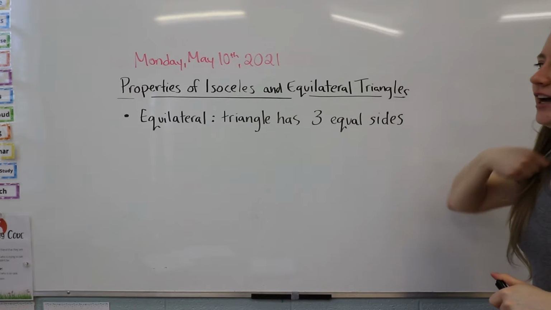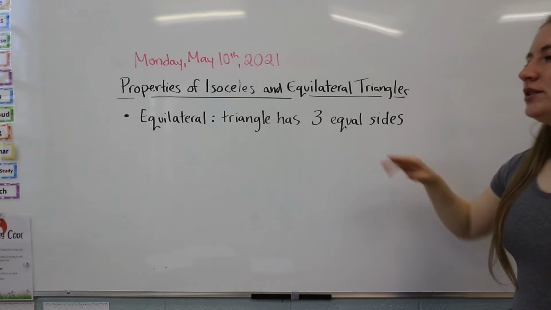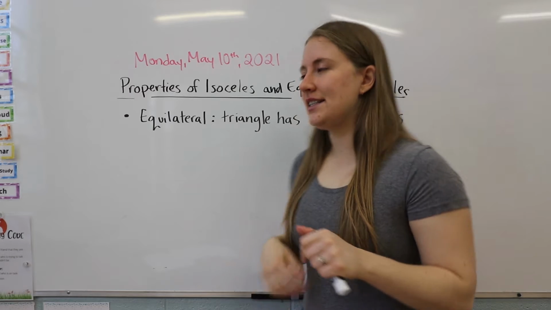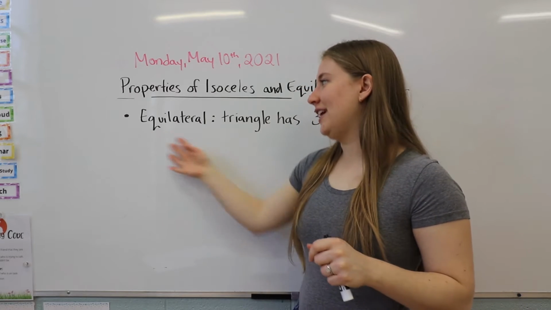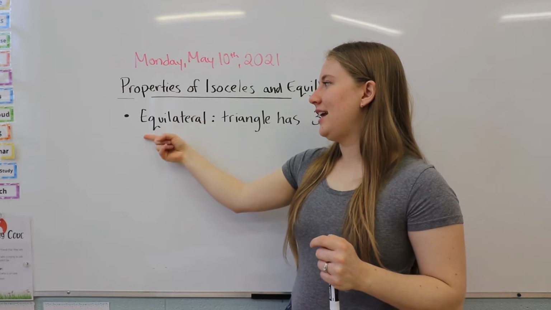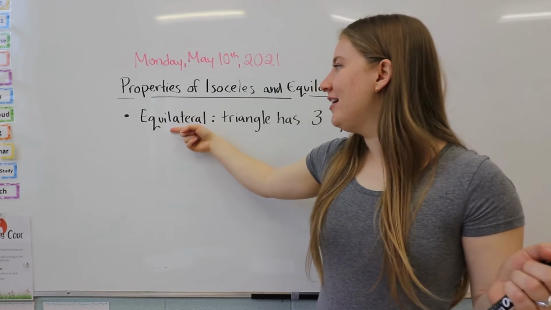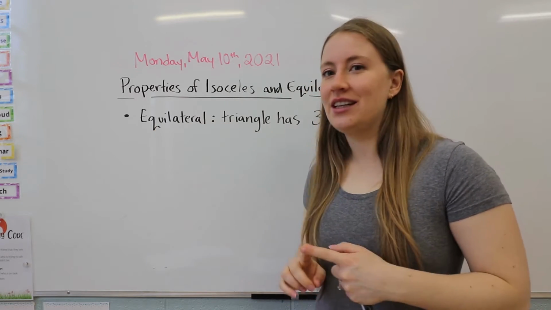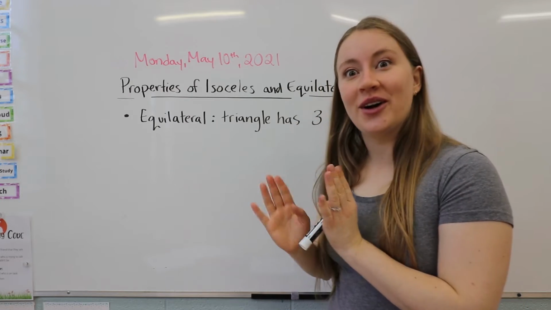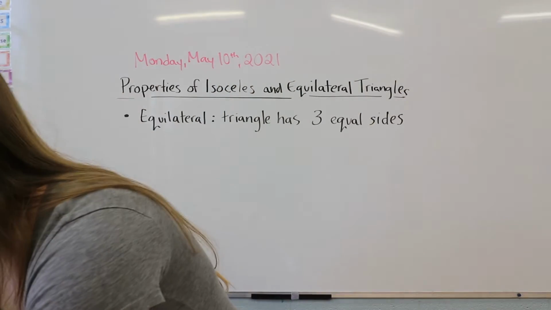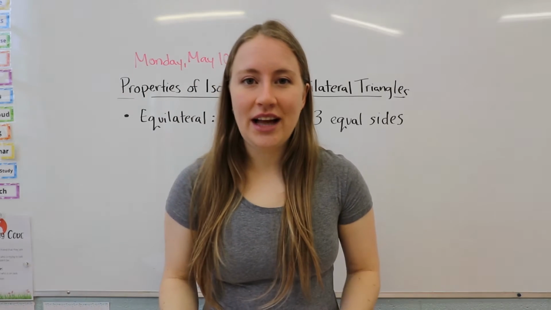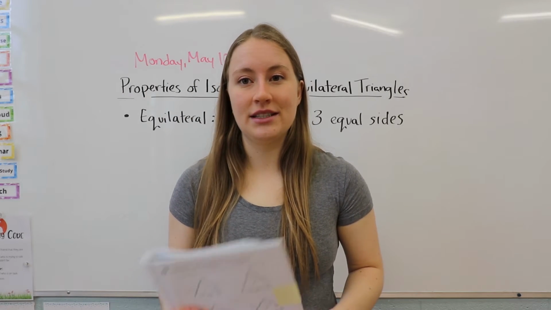An equilateral triangle has three equal sides. So all the sides are the same length. And it's interesting, the word actually tells us that, right? Equi means equal, and then lateral actually means the sides. So it literally is saying equal sides in the word. Okay, so that can help you remember that equilateral means that the triangle has three equal sides.